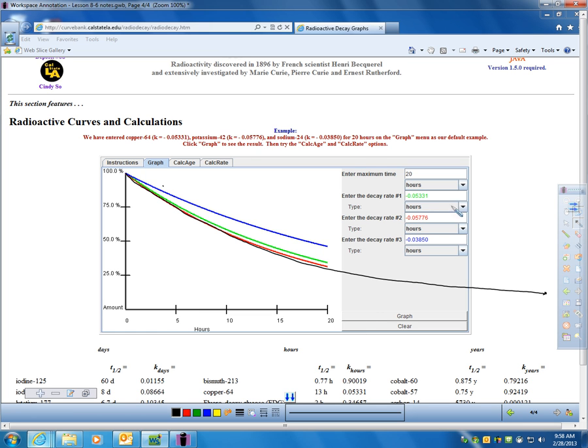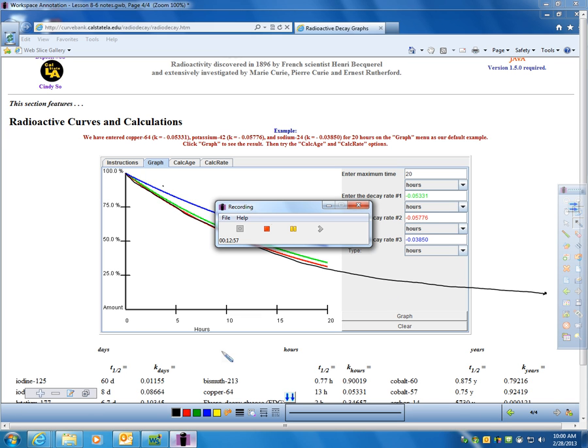So that would just be one example of exponential decay. Radioactivity is an exponential decay function. Okay, I'm going to stop the video here. That's long enough. If we have questions, we can go through those things tomorrow.